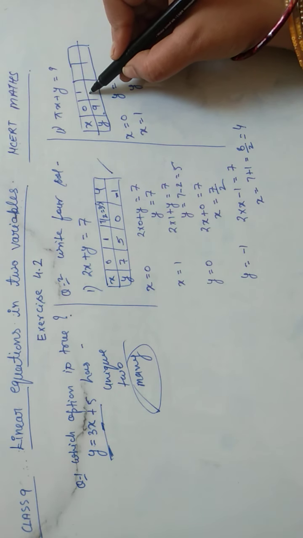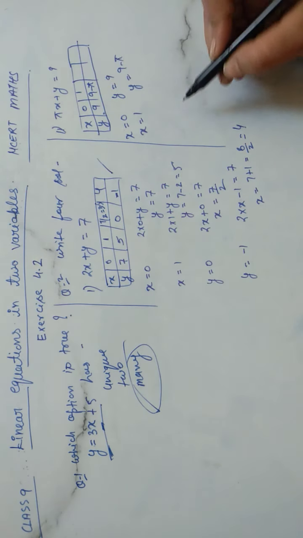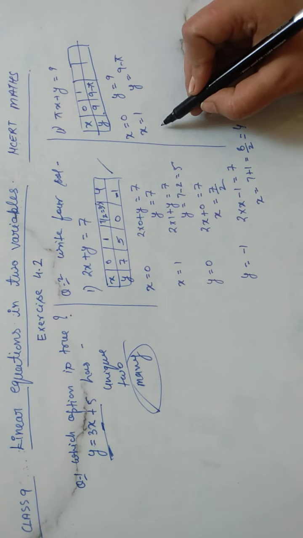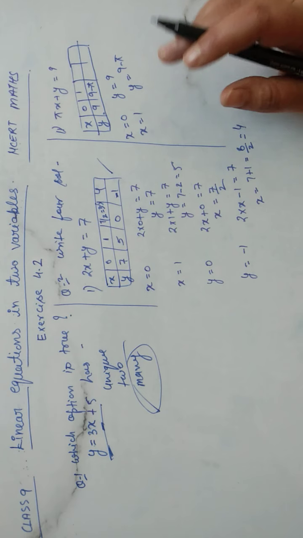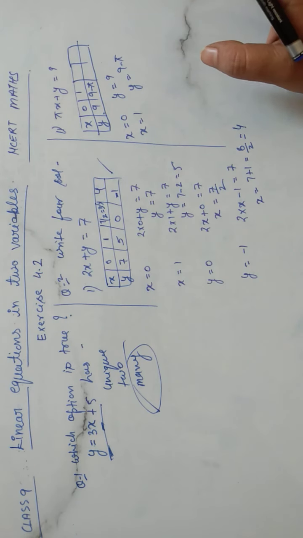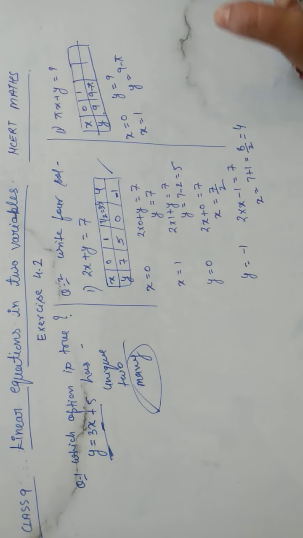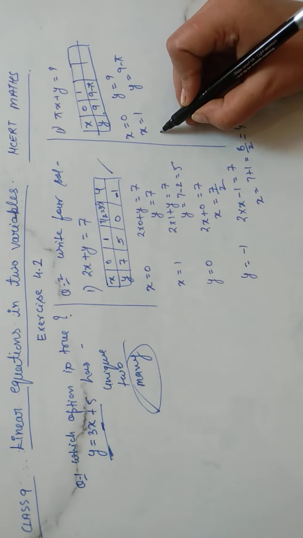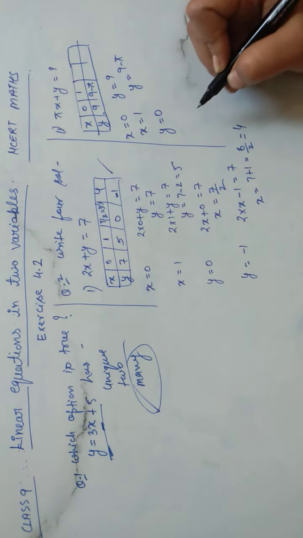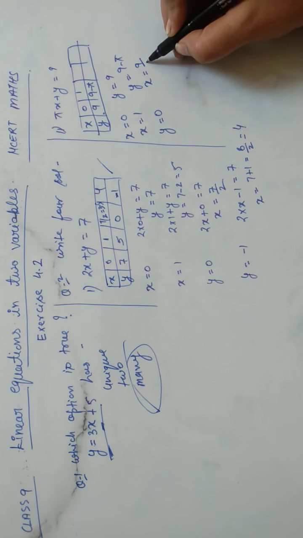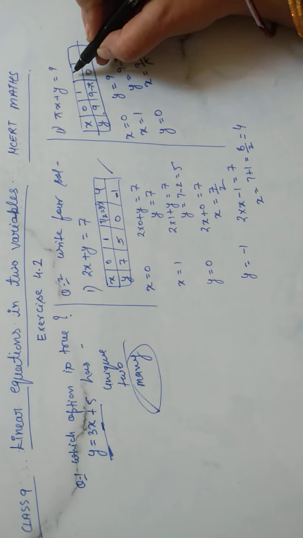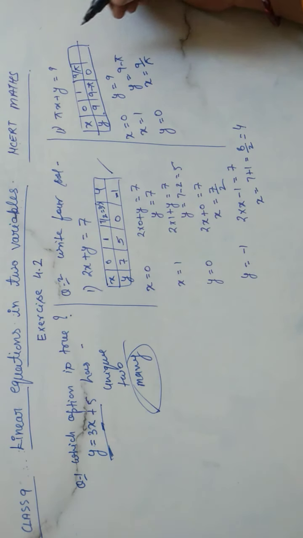You can put a value for y, or only for x also. We can put any value for x as well as y. If I am putting y as 0, then the value for x is 9 upon pi.